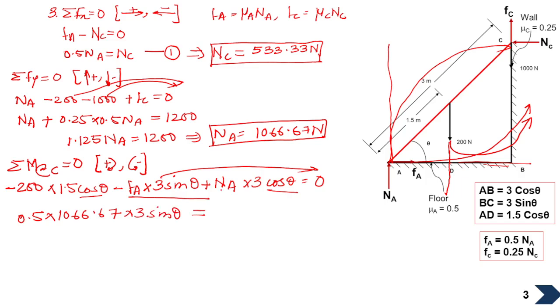This is going to be equal to NA, NA again, 1066.67 into 3 cos theta, and this will be negative, minus 200 into 1.5 cos theta.